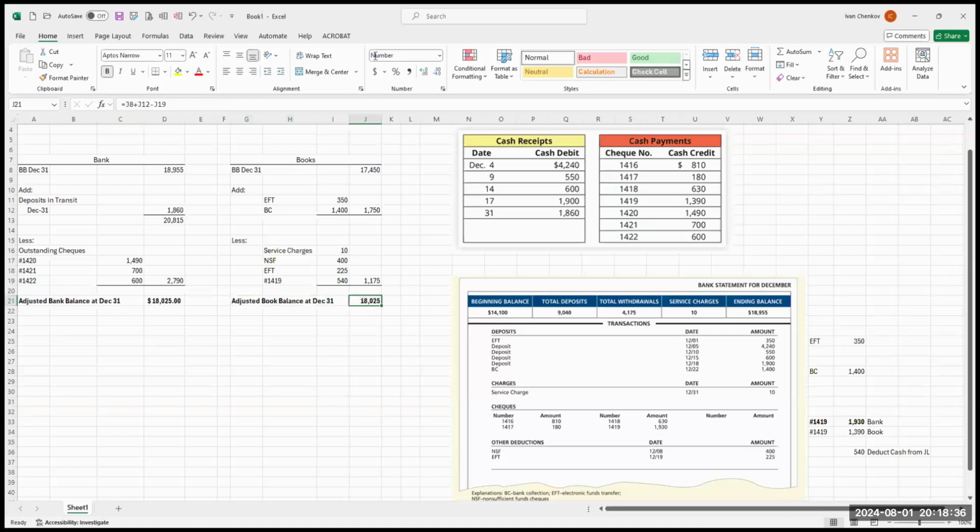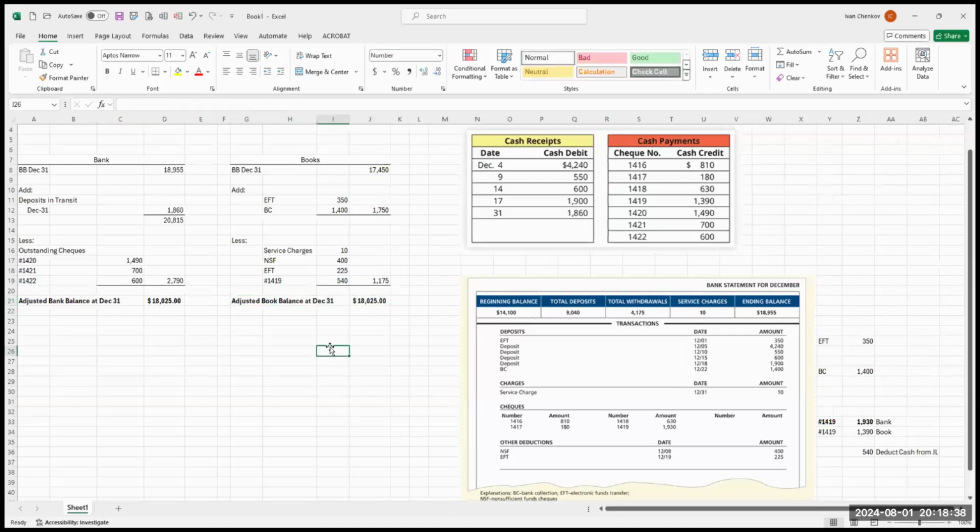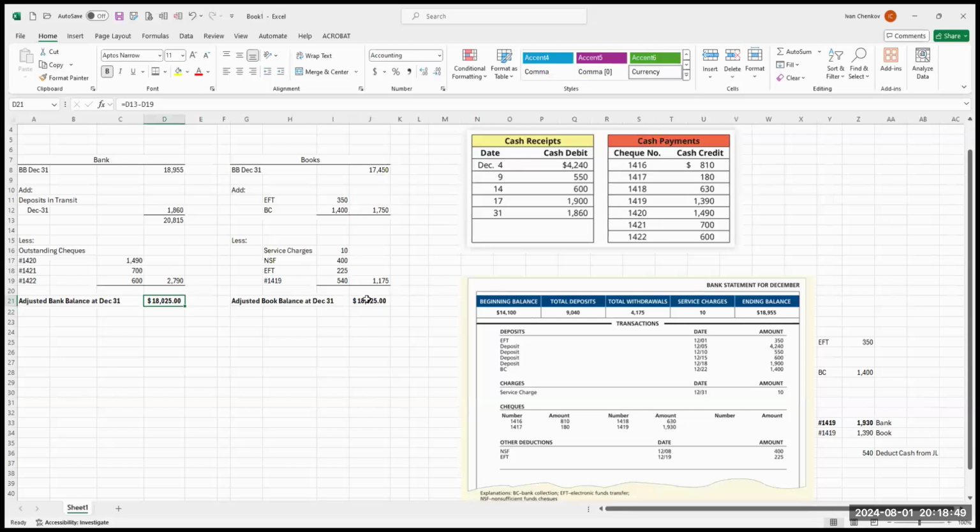Once we get that balance, we can see that at this point our book and our bank are at the same point of $18,025. Once we do that, we can say that our bank reconciliation is in order.